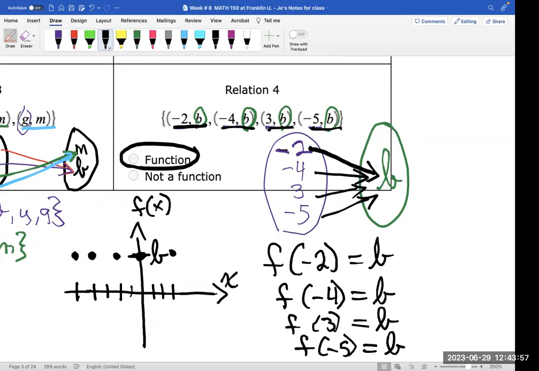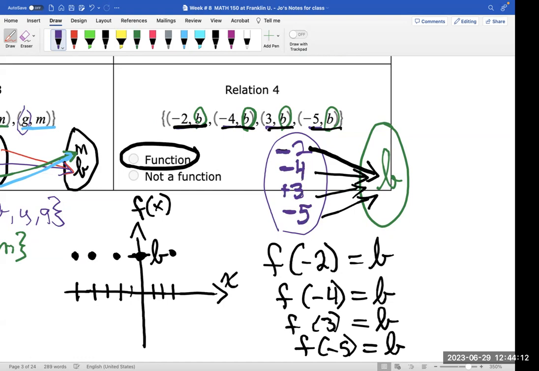I have 4 allowable X values that I can put into my function: -2, -4, +3, and -5. And I have 3 points.